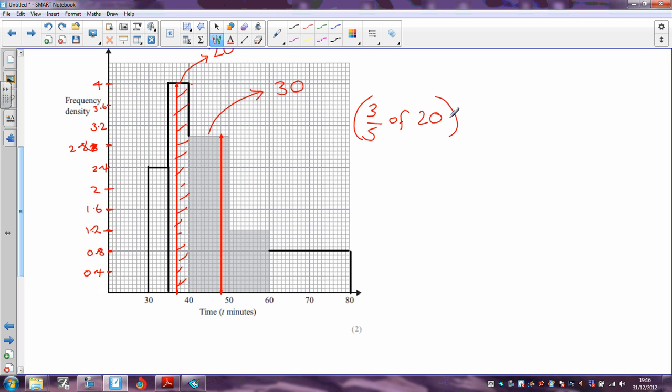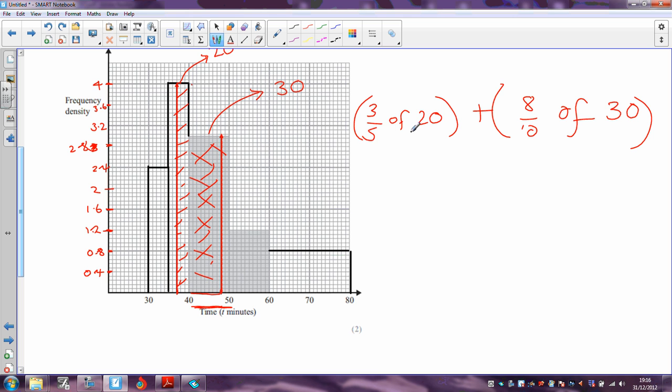So we need to work out 3/5 of 20, and that'll tell us roughly how many people there are here. And we're trying to find the area now of this part, and you can see that because it's 8 squares from there to there, and it's 10 squares altogether across, this shaded area here must actually be 8/10, 8/10 of the 30, which is the total number of runners in that group.